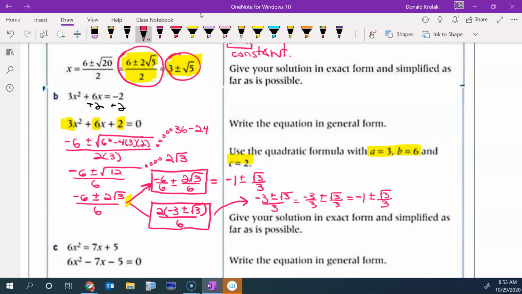So you can decide which one in this case is quicker, the split method or the factor method. Definitely the split method. Split it into two equal fractions and then simplify.